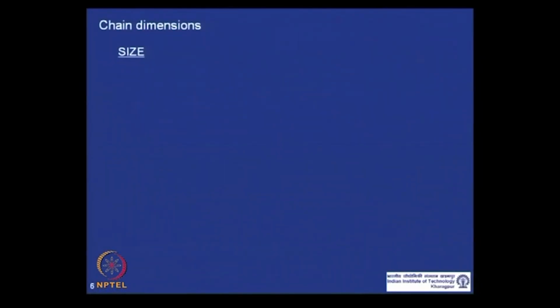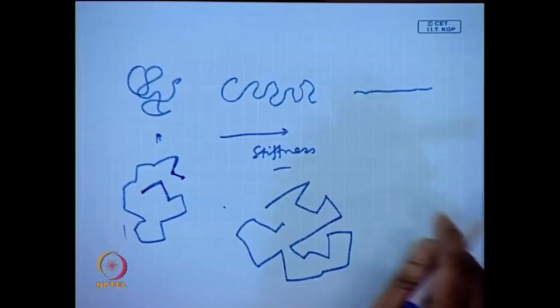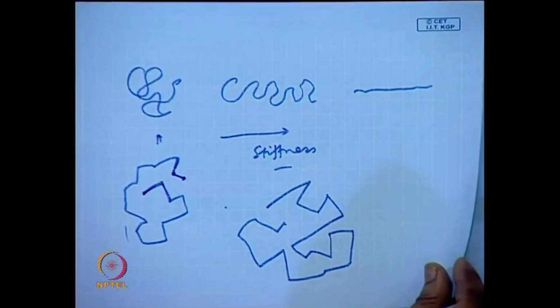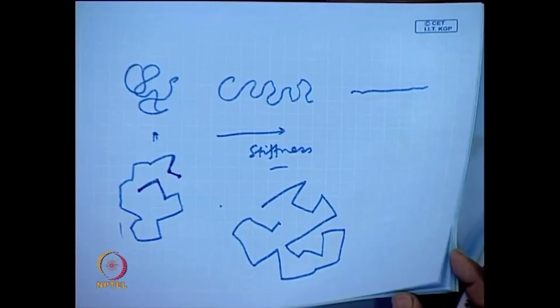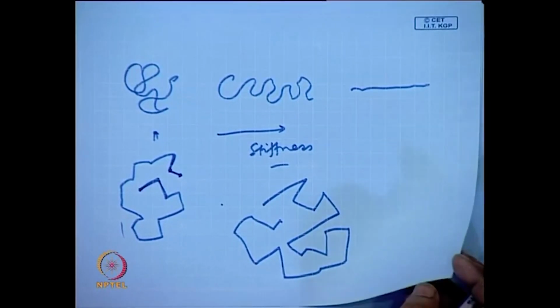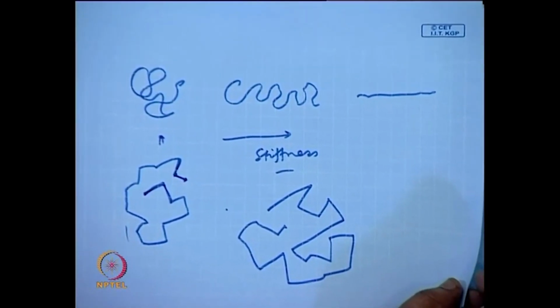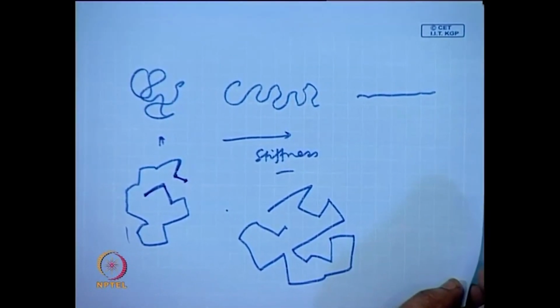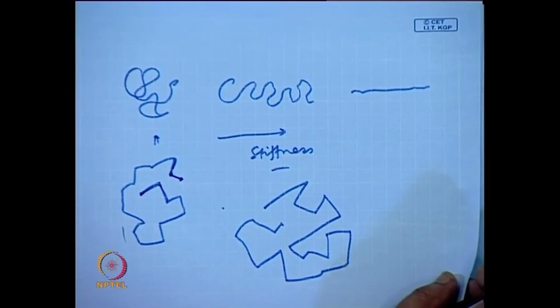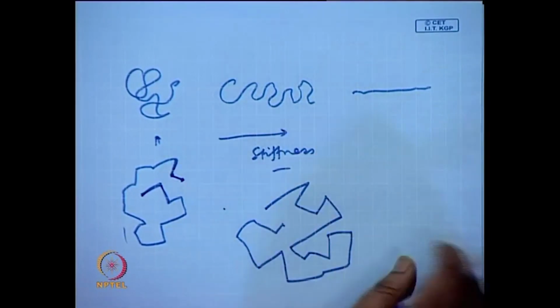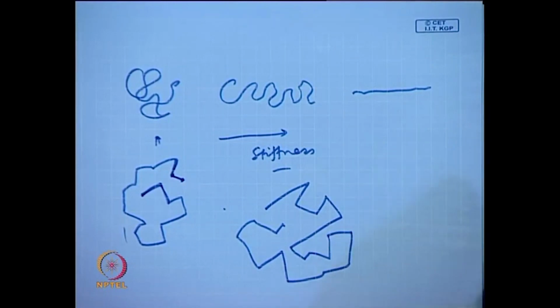Now, let us talk about size. We have talked about shape: it could be random coil, worm-like, or rod-like, and in most cases the polymers we deal with are flexible enough to become closer to a random coil. So, we will discuss only the random coil, not the other two conformations.